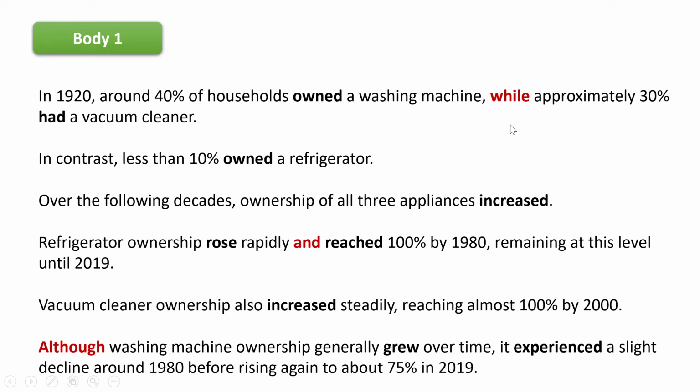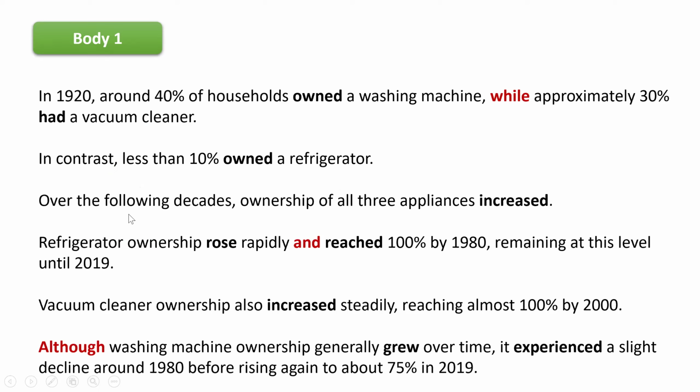While. Nah, karena ada while di sini atau kata penghubung, maka dipastikan kalimat ini mempunyai dua kata kerja, owned dan had. Selanjutnya, kalimat yang kedua, in contrast, less than 10% owned, memiliki a refrigerator. Oke, kurang dari 10% memiliki.